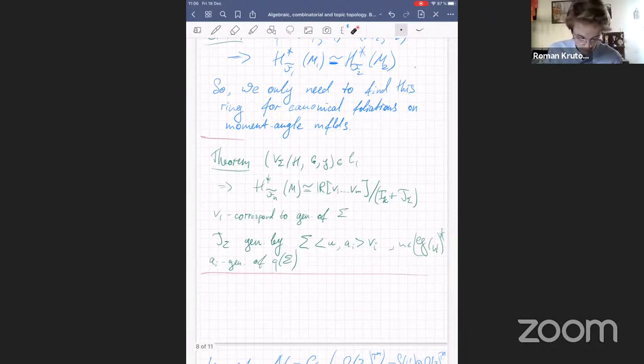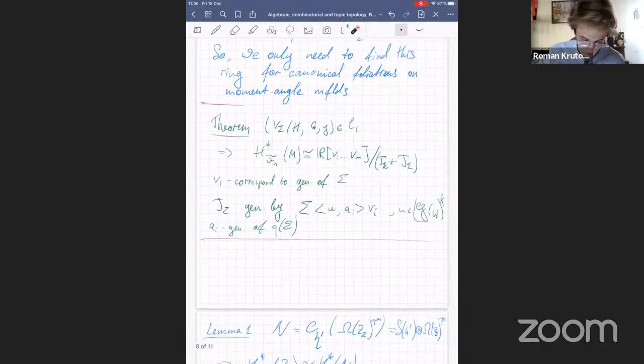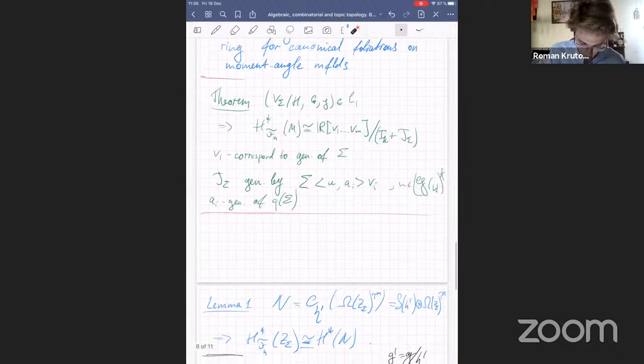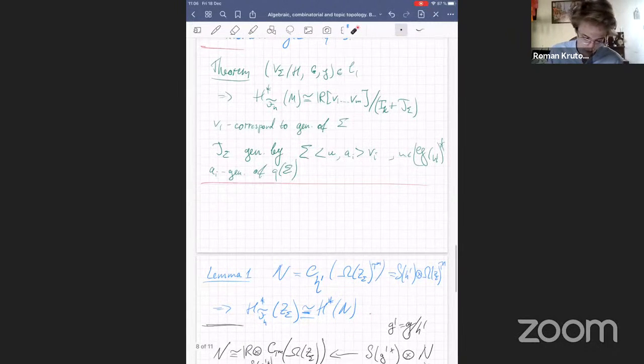Okay, and here is the outline of the proof. So first important lemma is that we can compute our basic homology of this ring as cohomology of the following model.